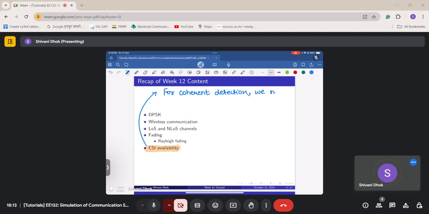And what do we mean by CSI? CSI stands for channel state information. And there is a whole class of approaches through which we can do this, and these techniques are known as channel estimation techniques.